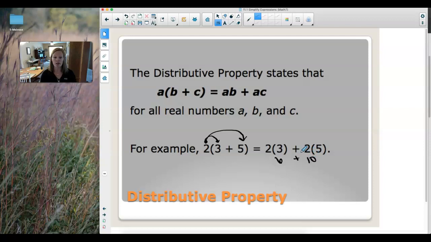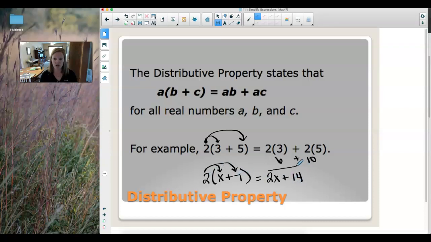Now, we're going to look at this with algebra. Okay, so we're going to be seeing examples like this, 2 times (x plus 7), where we need to distribute in order to simplify. So we're going to distribute the 2 to the x, that would give us 2x, and distribute the 2 to the 7, so it would be plus 14, because 2 times 7 is 14.